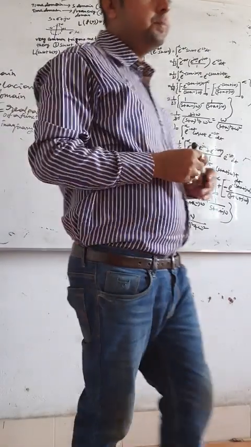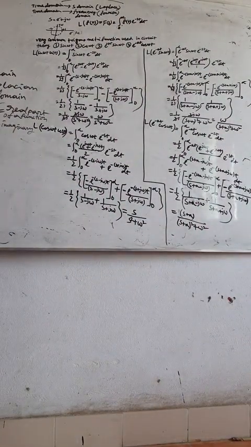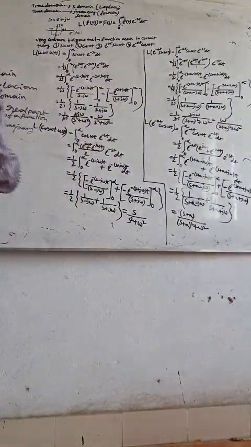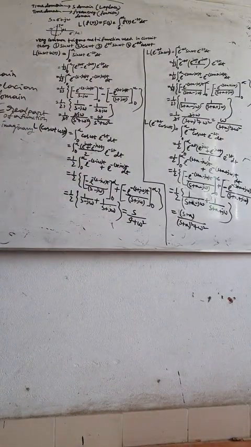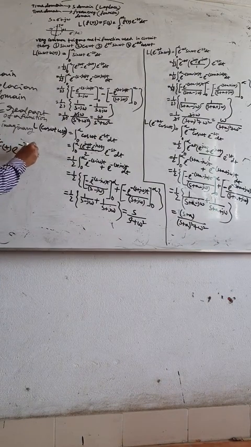But if you want to express a signal by using Fourier transformation, what is Fourier transformation? F of omega is equal to the integral from 0 to infinity of f(t) e to the power minus j omega t dt. This is Fourier transformation.